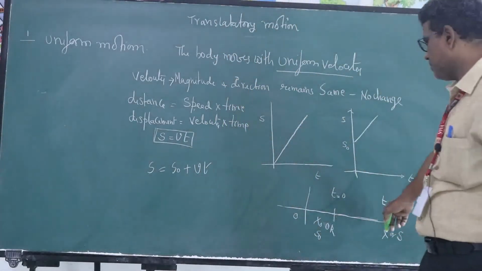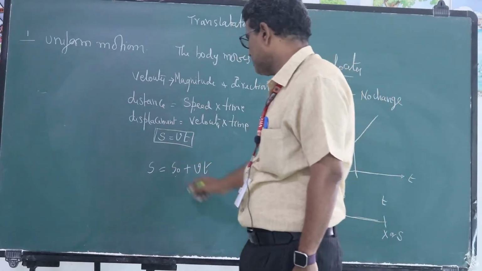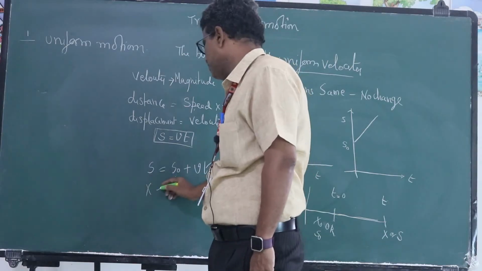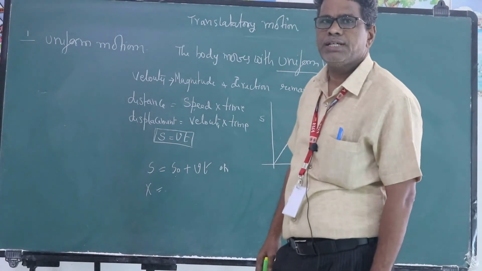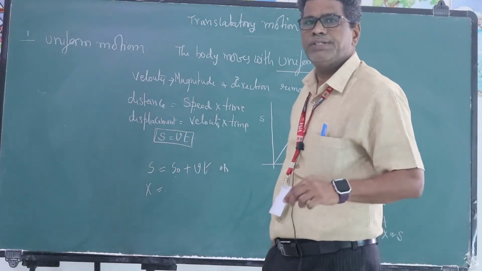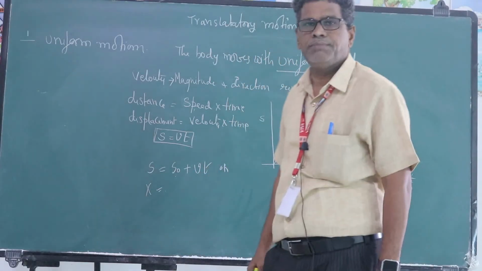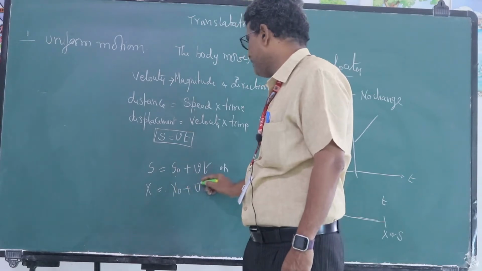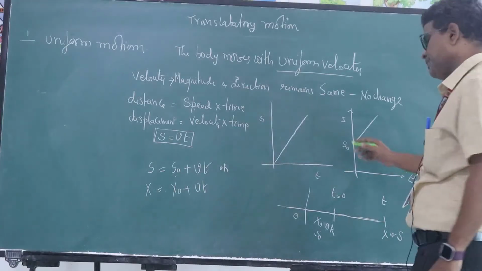For this one, the initial displacement is s0. Or we can write it as x is equal to x0 plus vt, if it is one dimensional motion, where the body moves in a straight line. That we can show on the coordinate system on the x-axis. So x represents the position of the particle on the x-axis. So these are the two corresponding ST graphs.